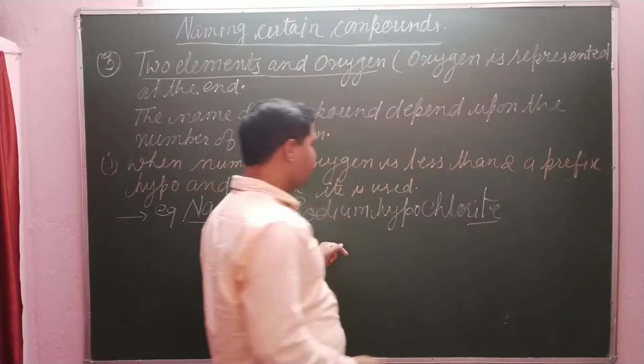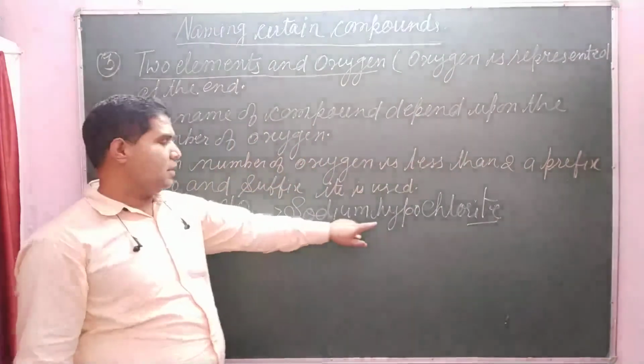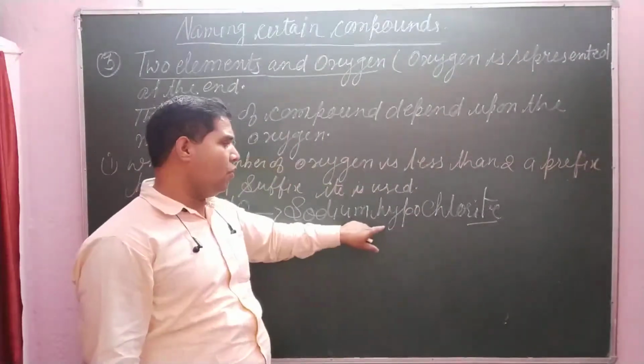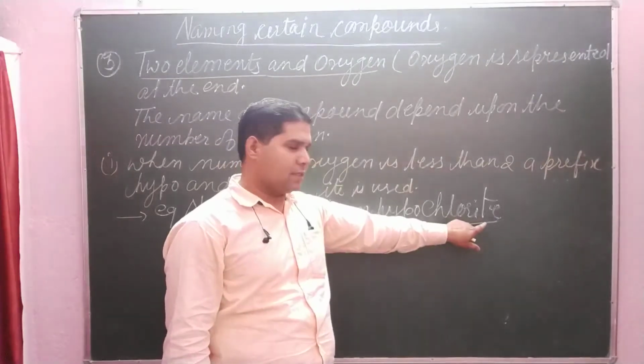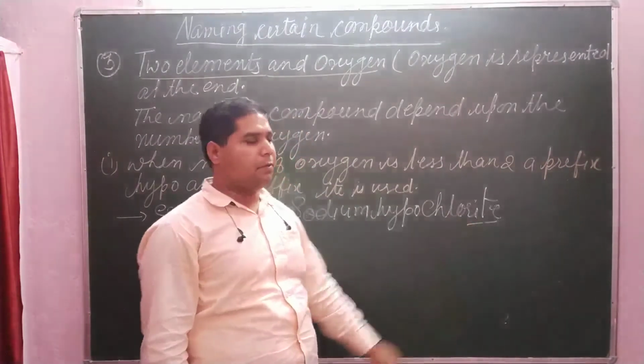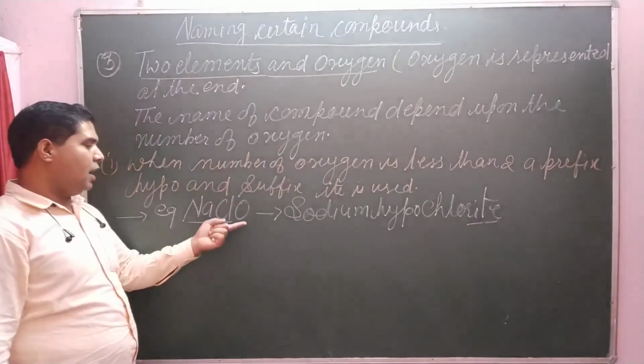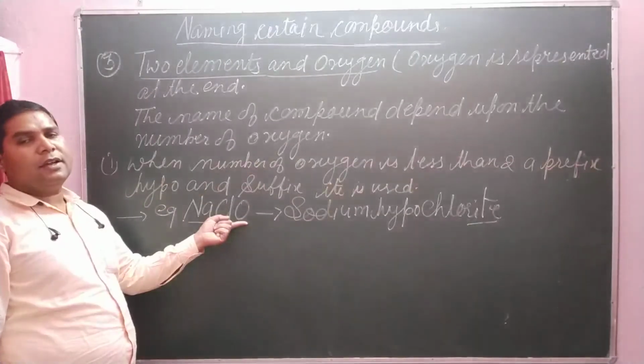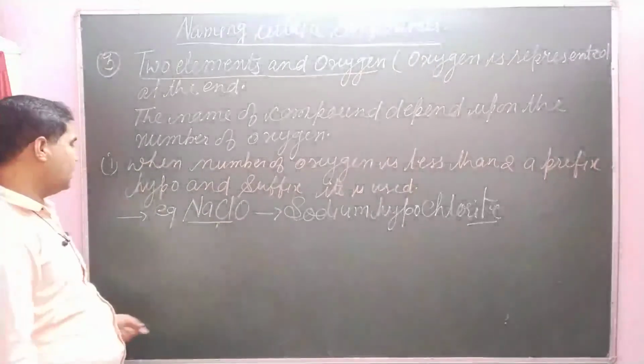So you see here a prefix hypo and a suffix ite are used to name a compound which consists of a single oxygen.